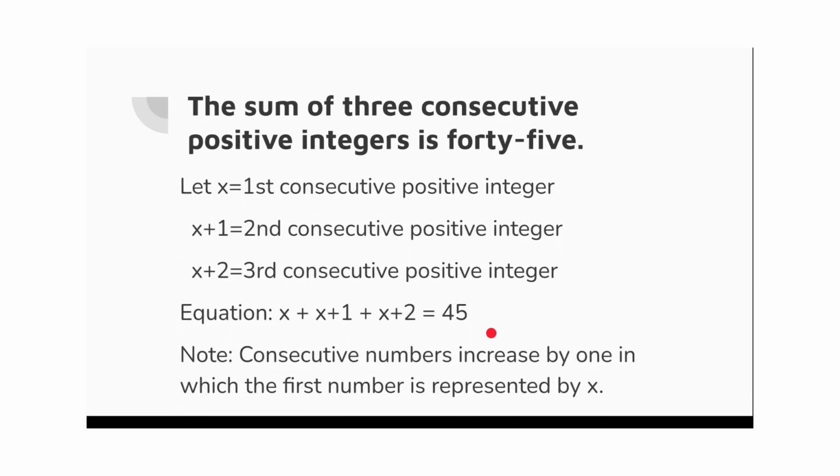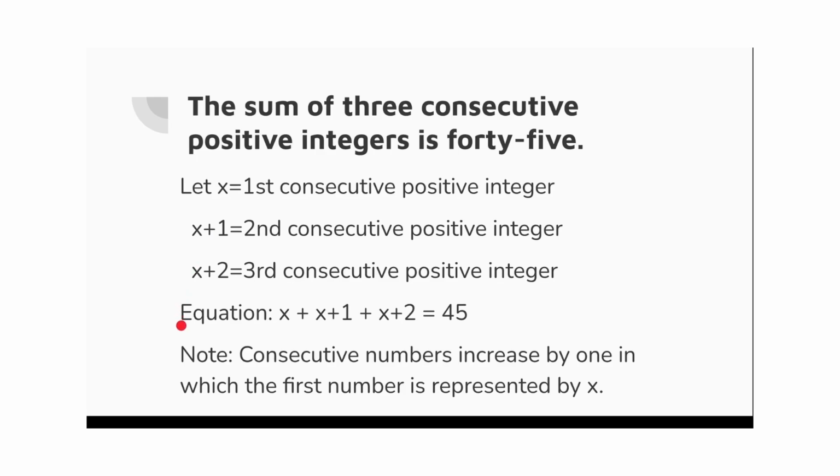So when you represent consecutive positive integers, always the first number is represented by the single variable. And the next number, if it's just consecutive positive integers, it means that the next number is 1 more than the other. It means it's going to be x plus 1. And the third one is x plus 2.